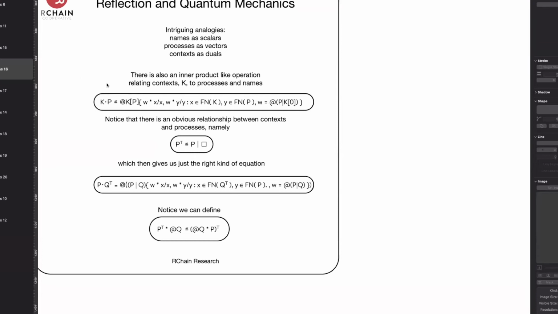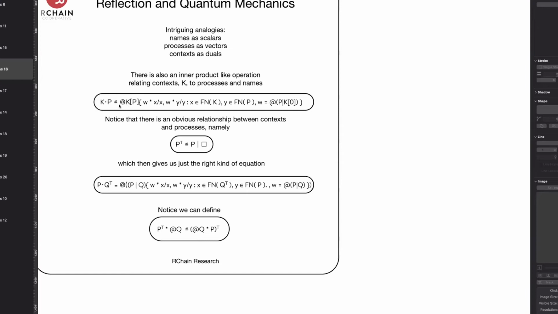A context is a process with a hole in it. And so we can always form the application of K to P, which we write with the square brackets. So we put P in for the hole in K. That would give us a process. And then we go and we take the name of that.